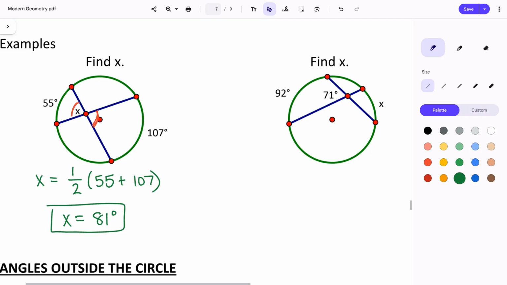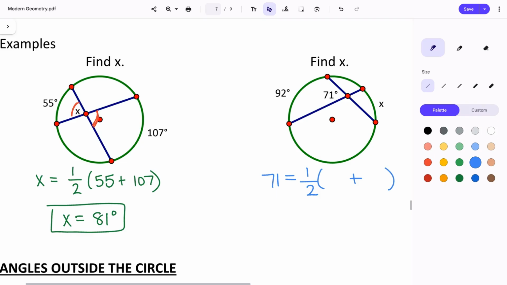The 71, right? So instead of starting with X like I did on the first one, I should probably start with that 71. So let's begin by putting 71 down, and then we're going to set it equal to. Now I know in my formula from up above that I have a half, and then in here I have my two arc measurements that I'm adding together. So back on example 1, that was the 55 and the 107.